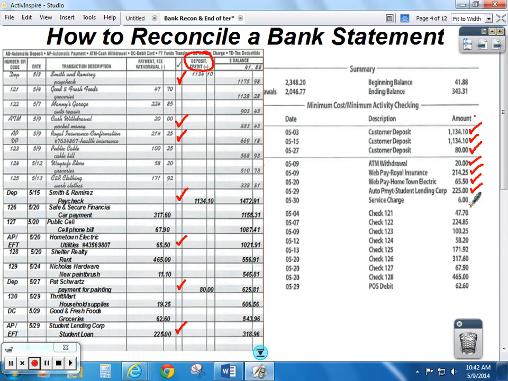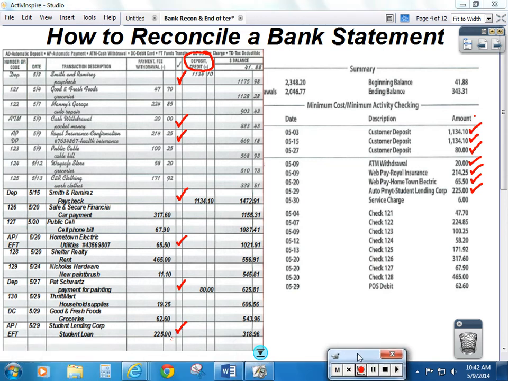Let's see, do I see the service charge of $6? No, I sure don't. I don't see the service charge of $6, and that's because that's a charge that the bank has charged me for using their banking services.